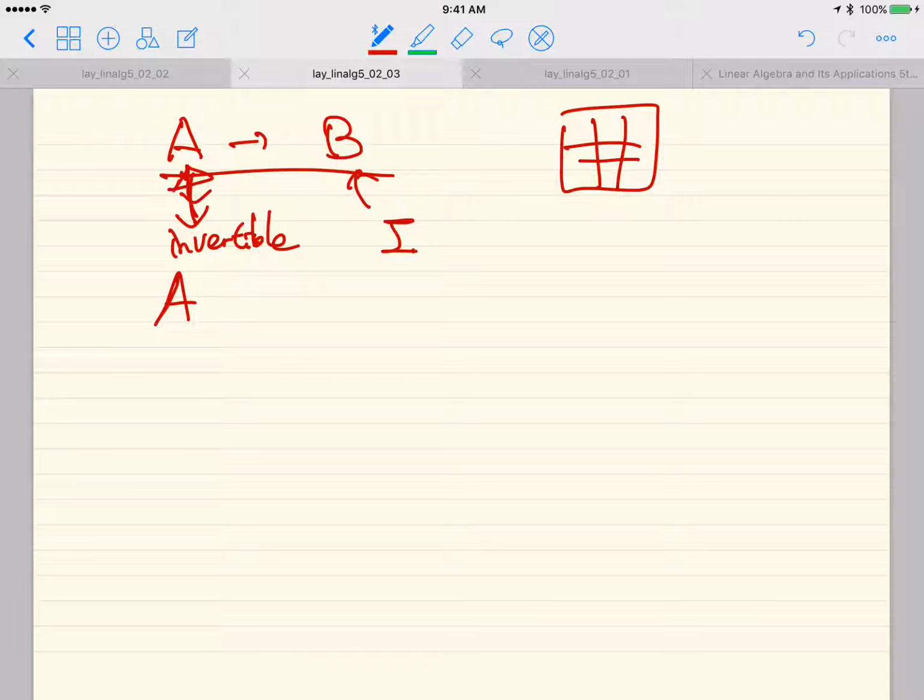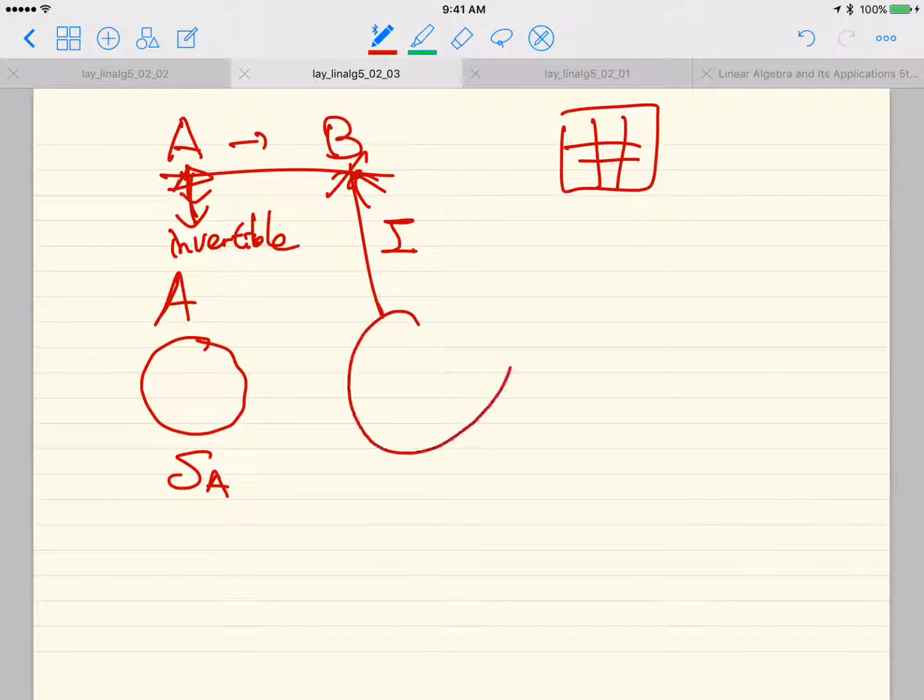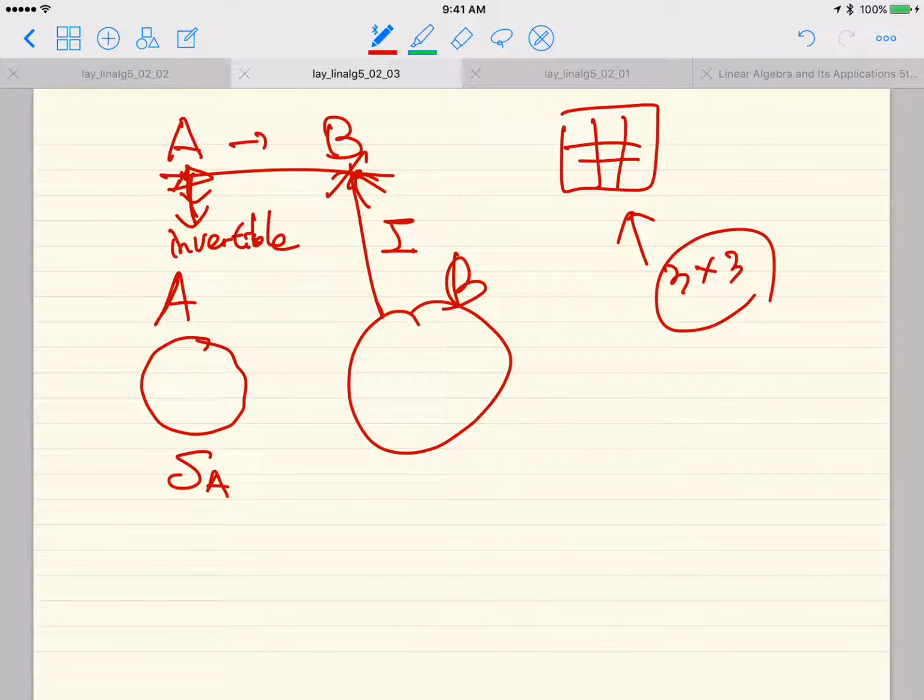And then let's imagine we collected all the possible invertible matrices. We call that set, maybe, set A. And then set B, which contains all the possible matrices, still 3 by 3, but whose reduced echelon form is the identity matrix.